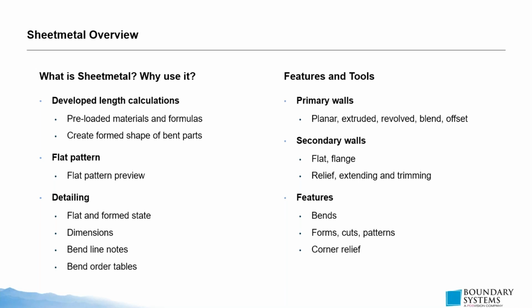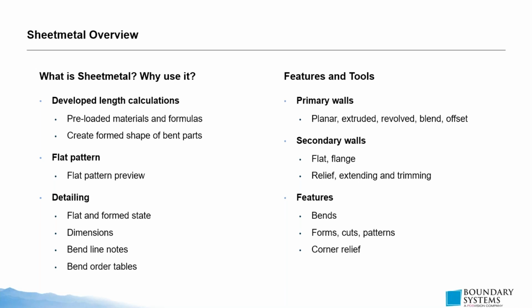Going one step further from that, the detailing step of any part modeling process, we have some specific features incorporated into there that are more applicable to sheet metal in the real world. First, you can add drawings of either your flat or completely formed state.